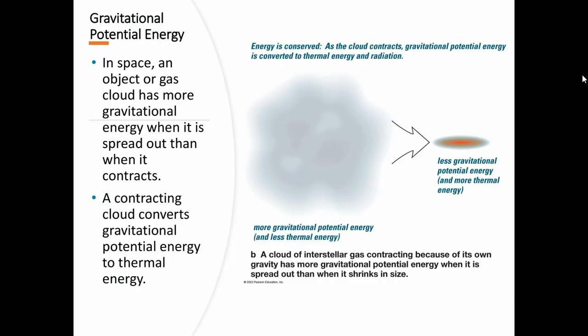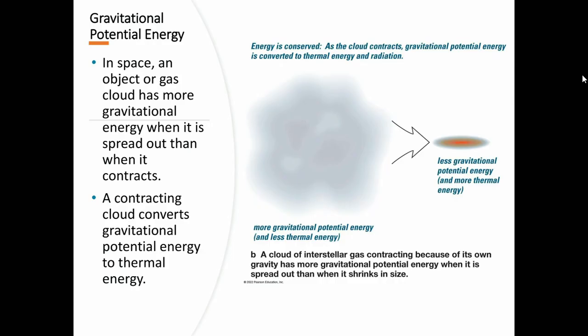I have a lot of things that are spread really far apart, so they have a lot of gravitational potential energy. Bring them close together, and that energy has to turn into something, and what it turns into is thermal energy. And if I heat up a pocket of gas enough, I can make it start doing nuclear reactions and form a star that way.